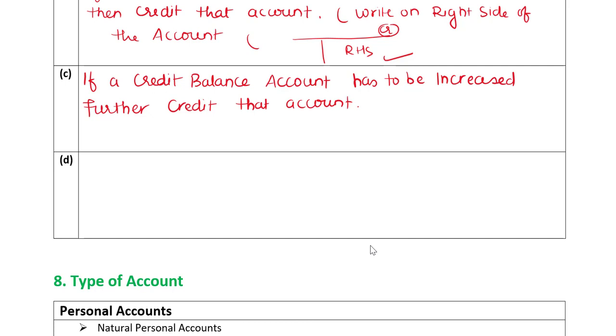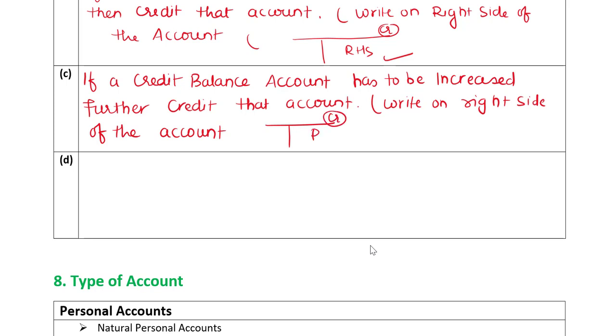How you will record in the books of accounts? Where you will show? On the right side of the account. So kindly write on right side of the account. This is a T-shaped account. This is credit balance. This is right hand side.